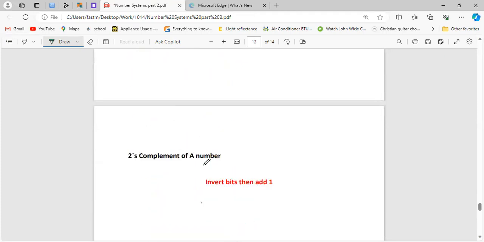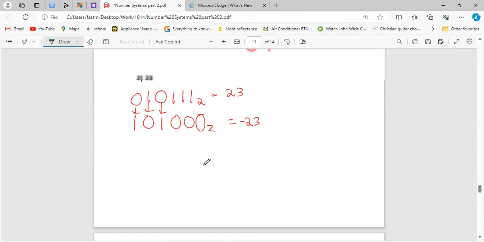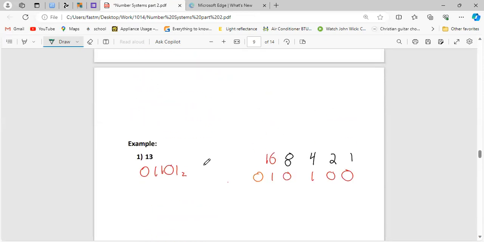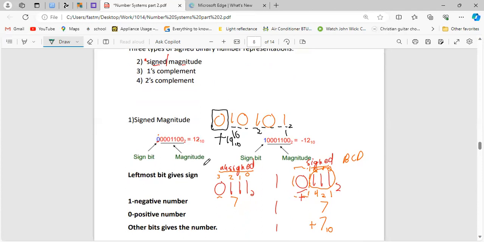So we went through two's complements. It is a way to express negative numbers in computers, right? So I went through the ones complements. We went through the sign magnitude. So it has a sign, which is the most significant bit, the number on the furthest left-hand side, and then the other bits are the magnitude.